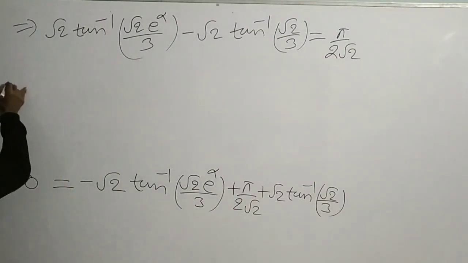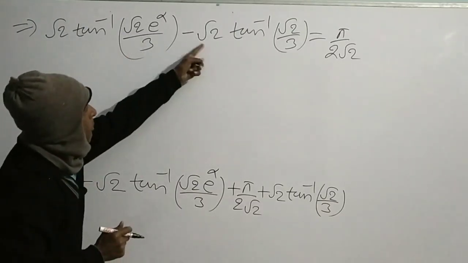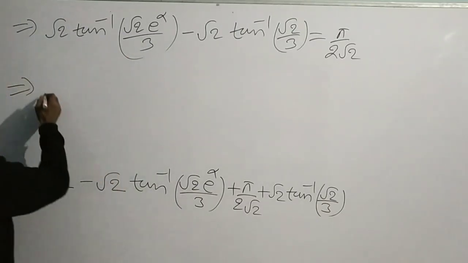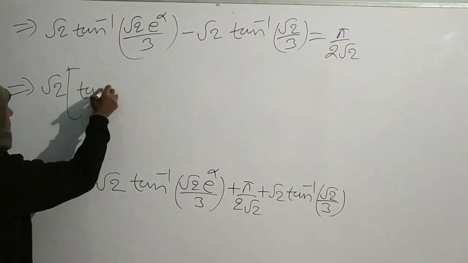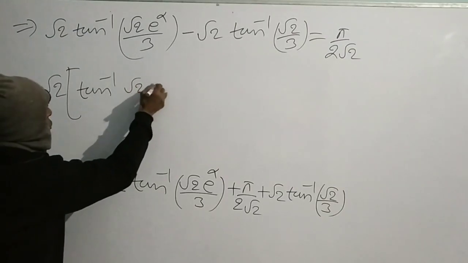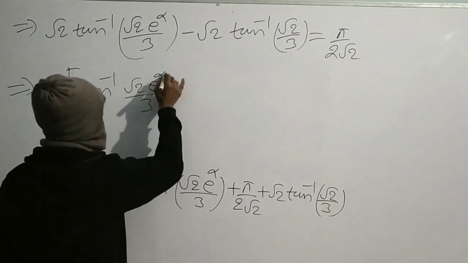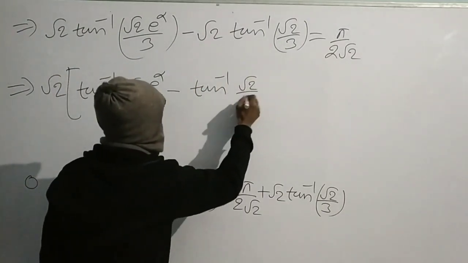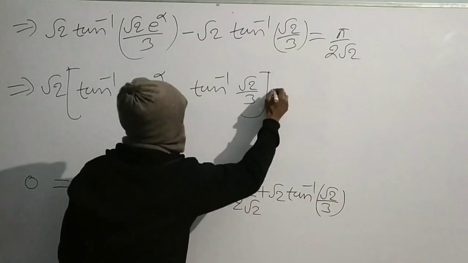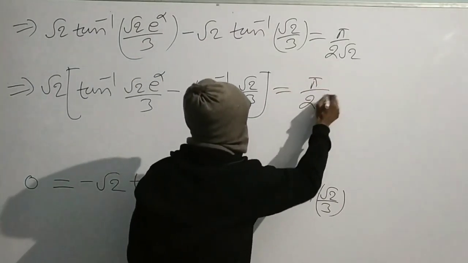This implies, taking root 2 common from these two terms, root 2 [tan inverse root 2 e to the power alpha by 3 minus tan inverse root 2 by 3] is equal to pi by 2 root 2.